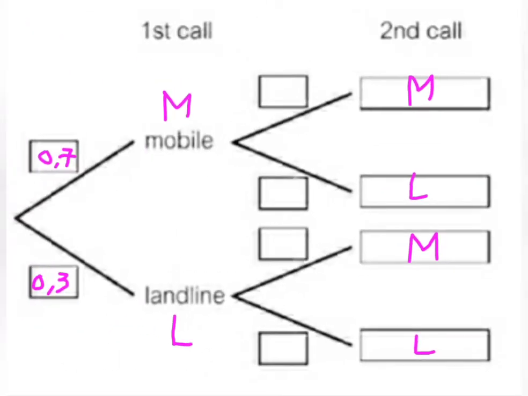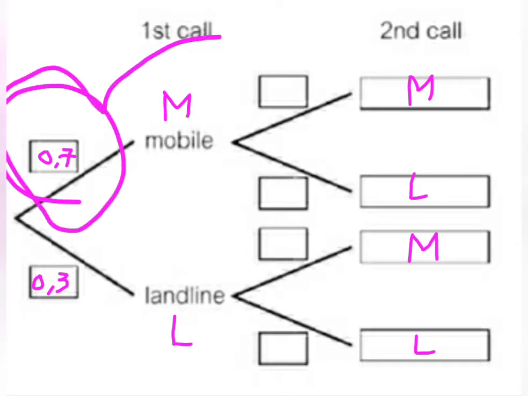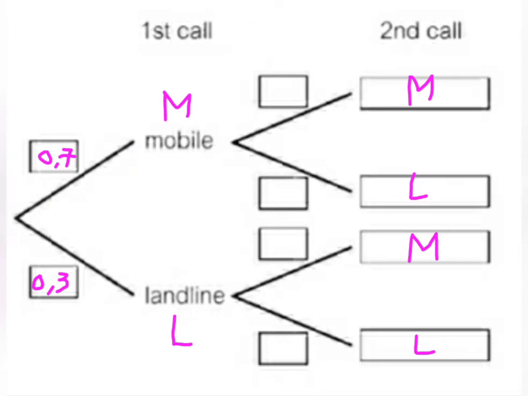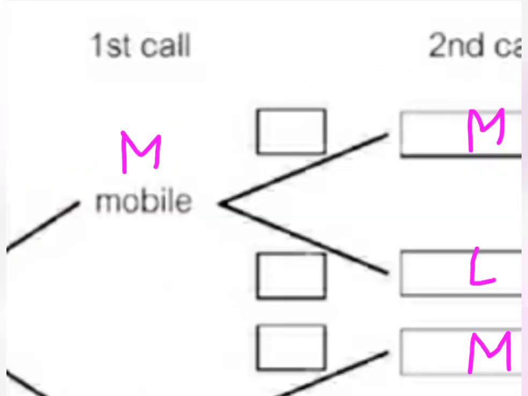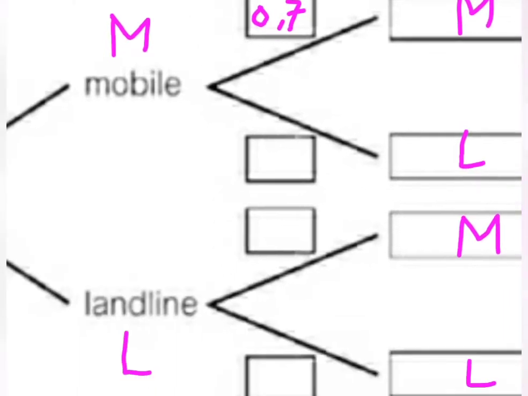So the same probability for mobile here is going to be here and here. Because this kind of events, they don't change the probabilities. Now, if this is 0.7, this one and this one will be the same. So let's write them. 0.7 here and here.